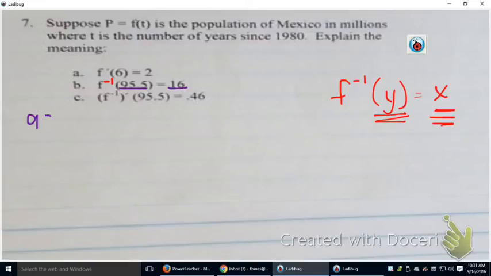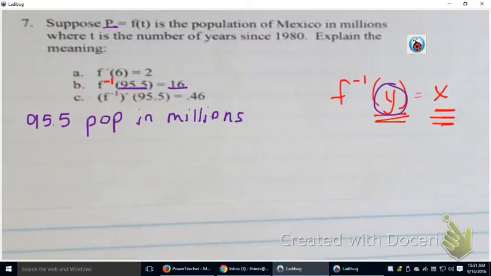So 95.5 represents y. In this case, we know that y is a population, so 95.5 is the population in millions. And 16 is the x, which we know has to do with the t, which is the number of years since 1980.